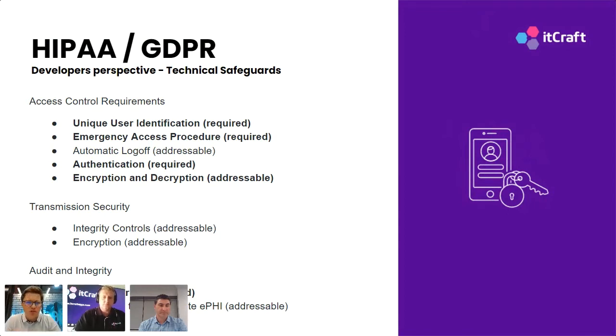Emergency access procedure. These procedures are documented instructions on how to obtain access to PHI records during an emergency situation. So companies must determine the types of situations that would require emergency access to data.